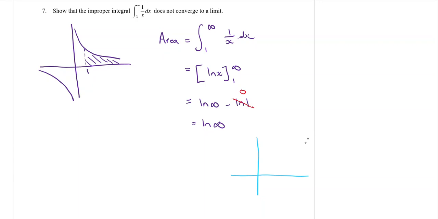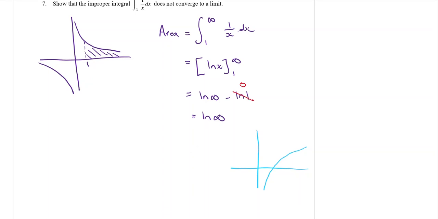A logarithm looks like this. So log of a very, very big number is still getting bigger and bigger and bigger. It's not stopping. So we're going to say, therefore, it doesn't converge to a limit. It's not approaching an asymptote. It will continue to get bigger forever.